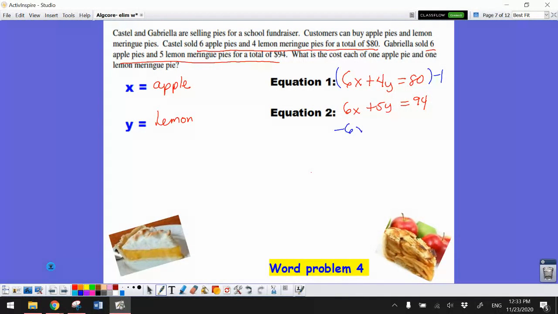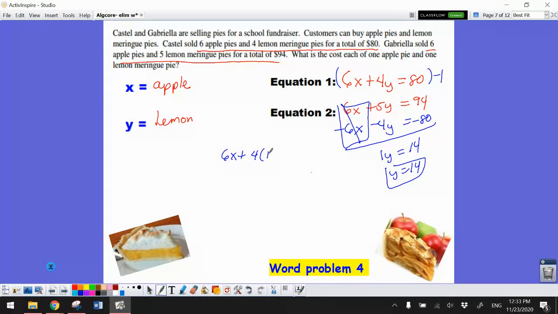Okay, let's see how you did. Multiplying by -1, I've got -6x, -4y, and a -80. These are going to go away. So I've got 1y is equal to 14, which means y is 14. Okay, let's substitute in 6x, 4 times 14, and there's my 80.